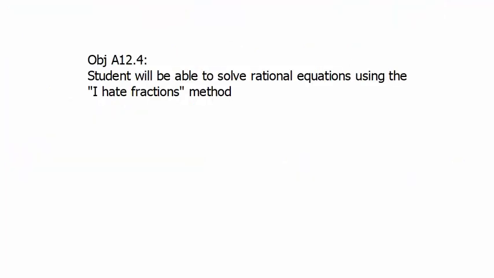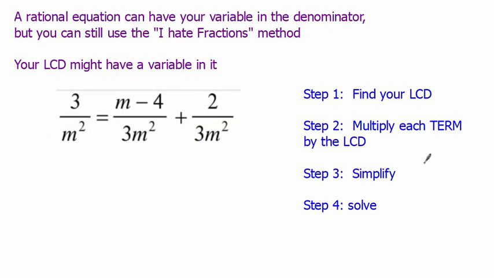We're going to use this exact same method in problems that are rational equations, which means I can have a variable in the denominator. So we're going to use the I hate fractions method on rational equations. So when I have variables in the denominator, I'm still going to look for my least common denominator.